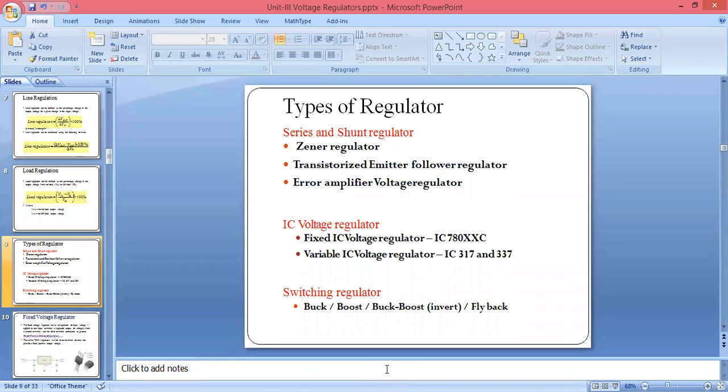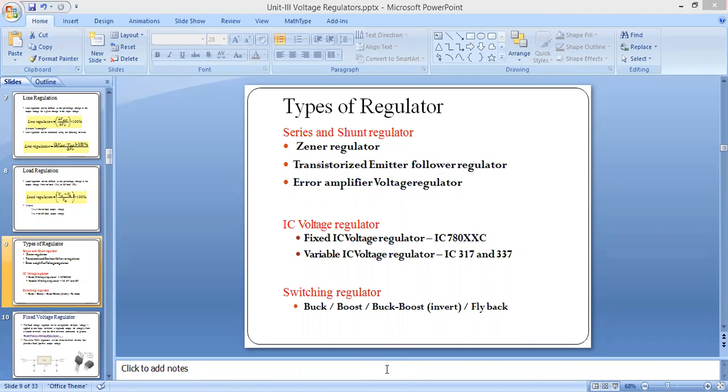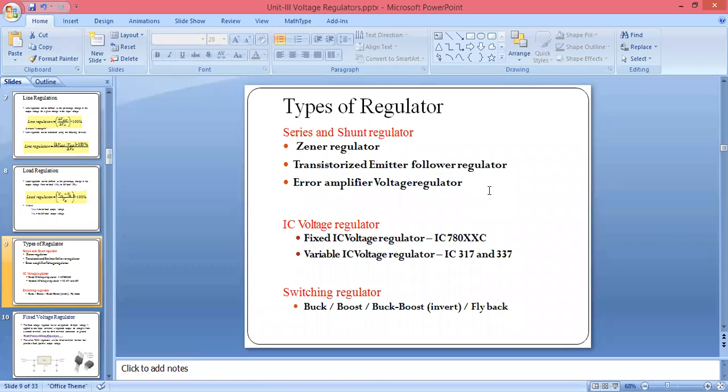That device we call a voltage regulator. So we can say we are using voltage regulator to maintain constant DC output voltage. Here you can see there are different types of voltage regulator.